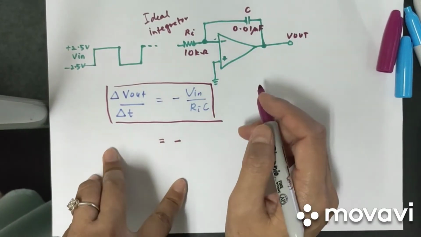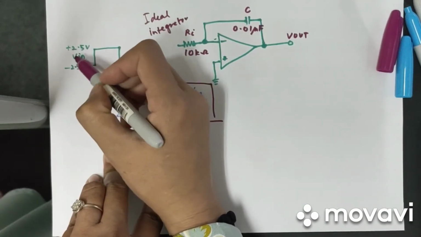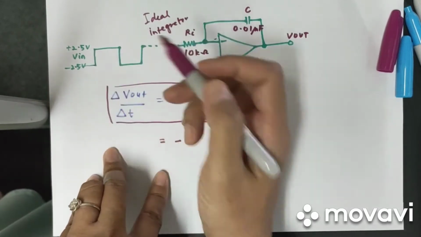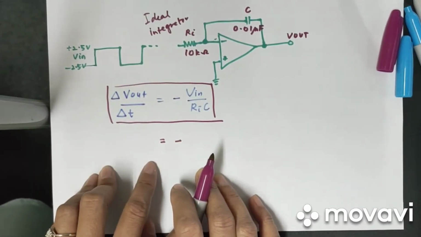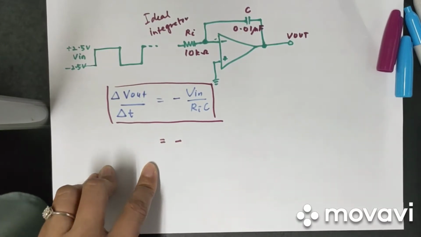Since it is a square wave with a positive 2.5 and a negative 2.5, first we find the rate of change of the output voltage during the time that the input is at positive 2.5 volt. This means that the capacitor is charging.